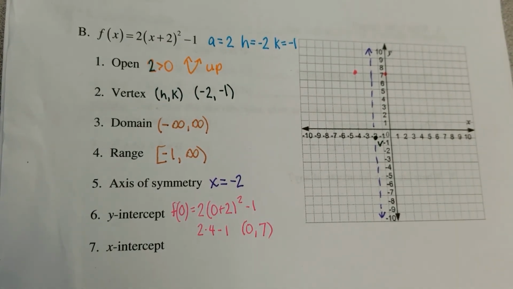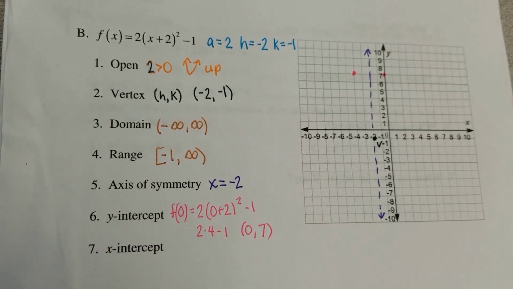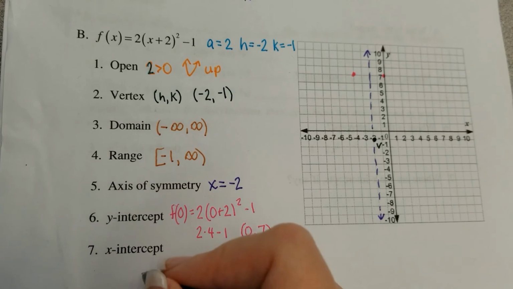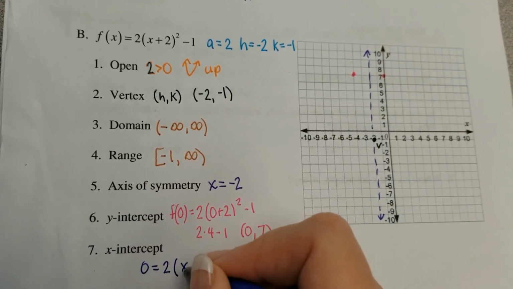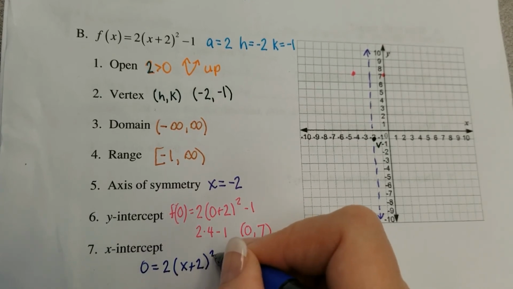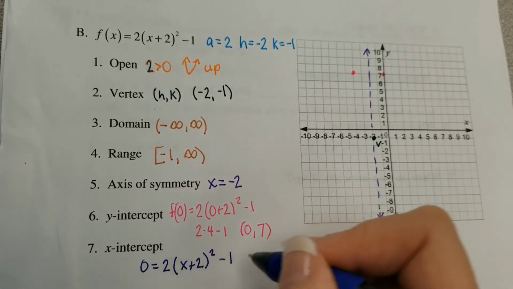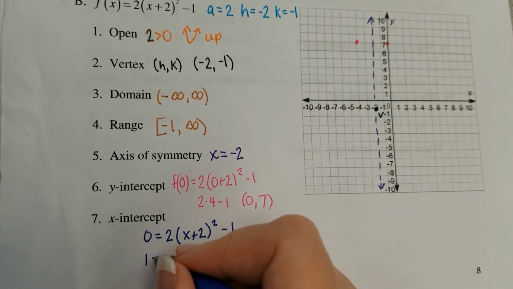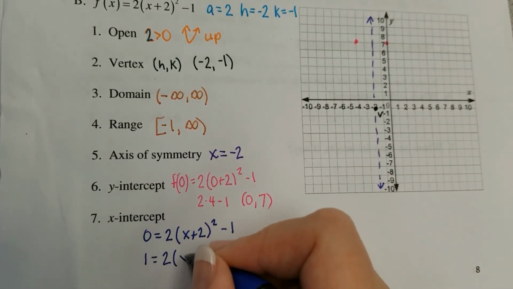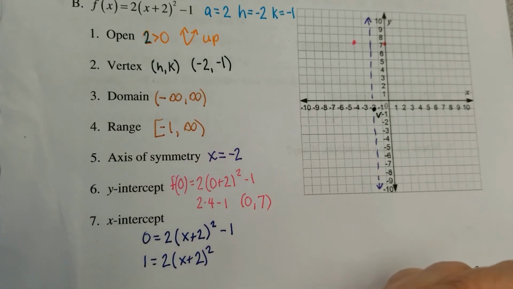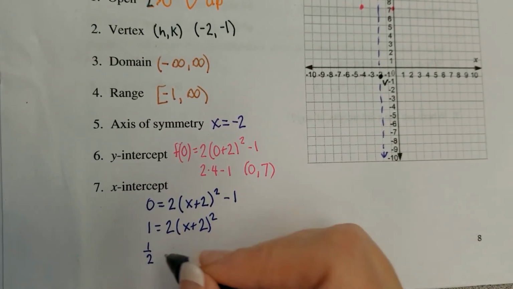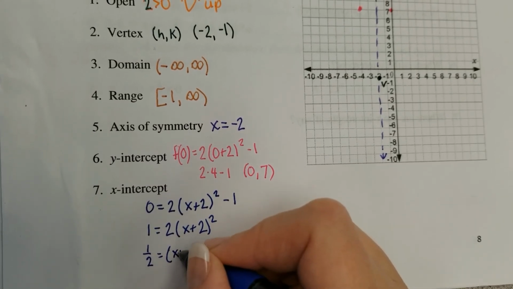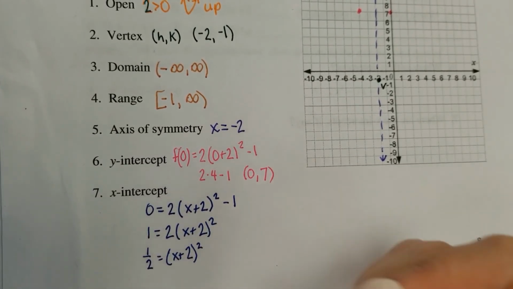And then we want our x-intercept, and that is when we set this equal to 0. We have 2 times x plus 2 squared minus 1. So if I add 1 to each side, and then divide by 2, I'm going to have 1/2 equals x plus 2 squared.